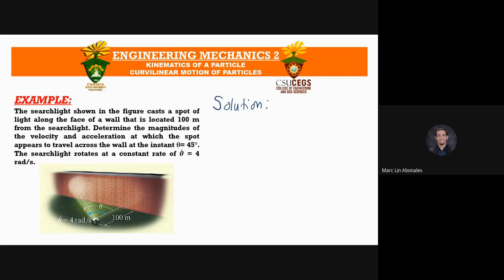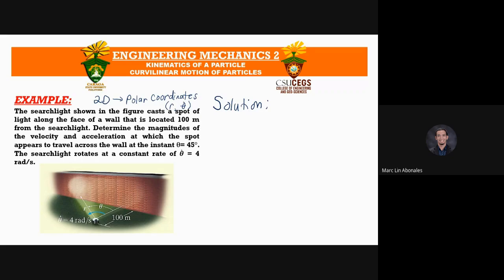So if it is two-dimensional, that is polar coordinates, and the polar coordinates consist of the r and the theta. R is the radial and theta is the transverse.